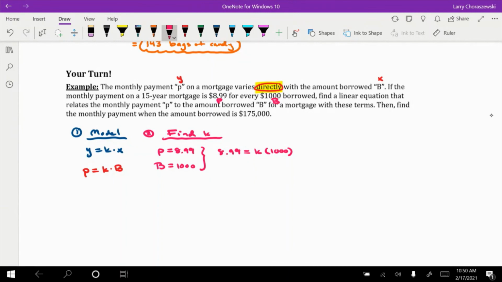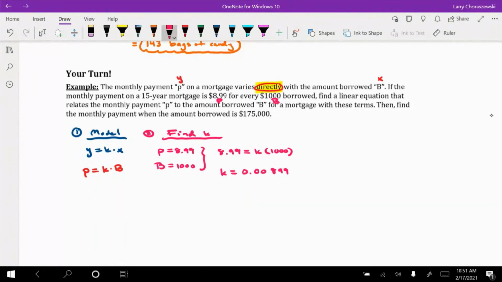And upon dividing each side by 1,000, we get a wacky value of K here. I guess not wacky, just not your typical 0.00899, which I would leave as is, just to keep a level of accuracy as best as possible for the rest of it. This is sometimes a pitfall for students.